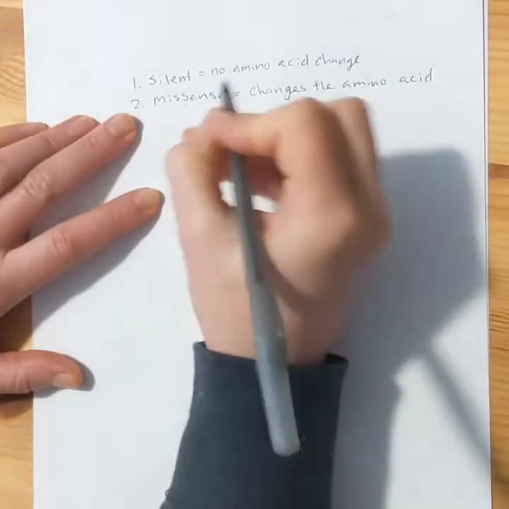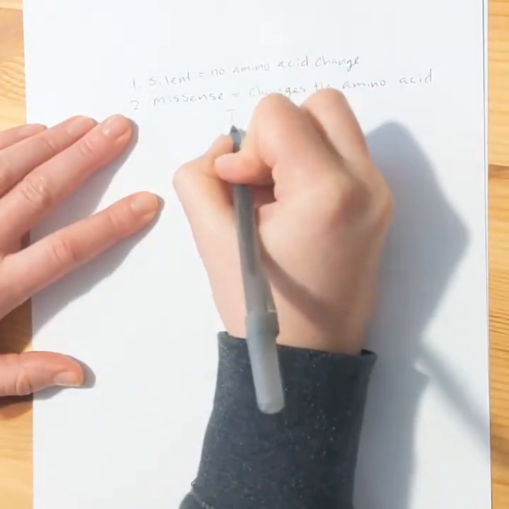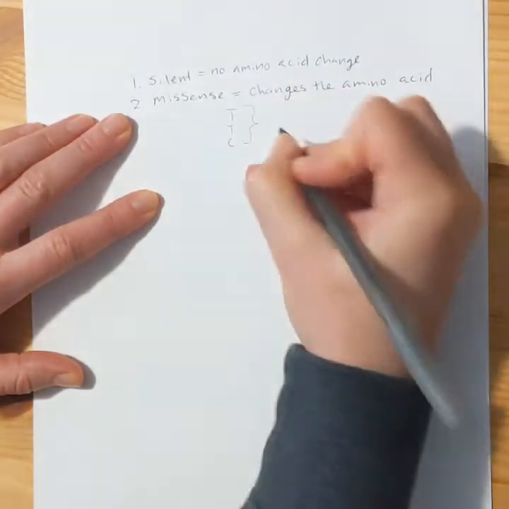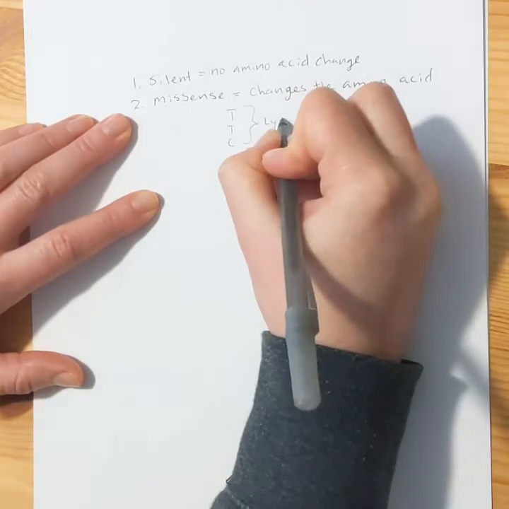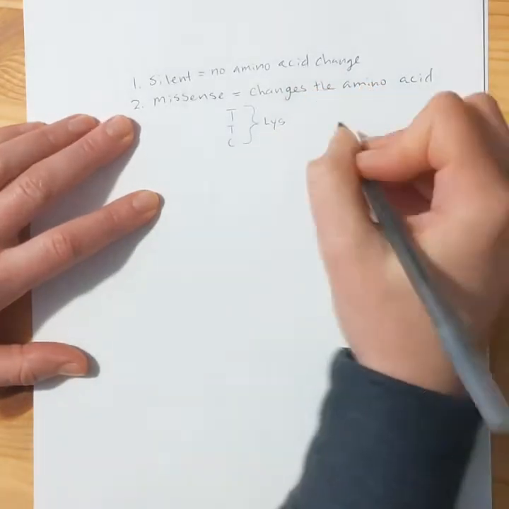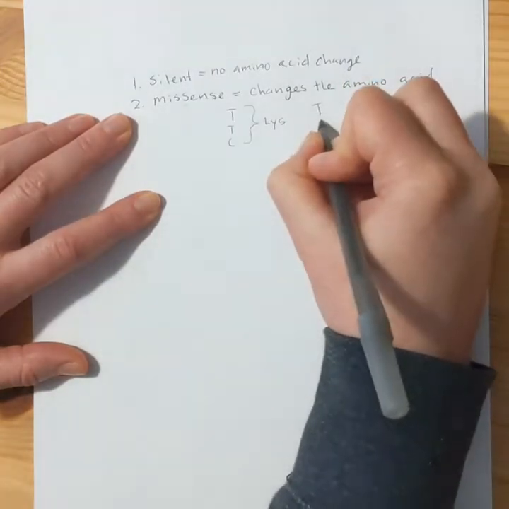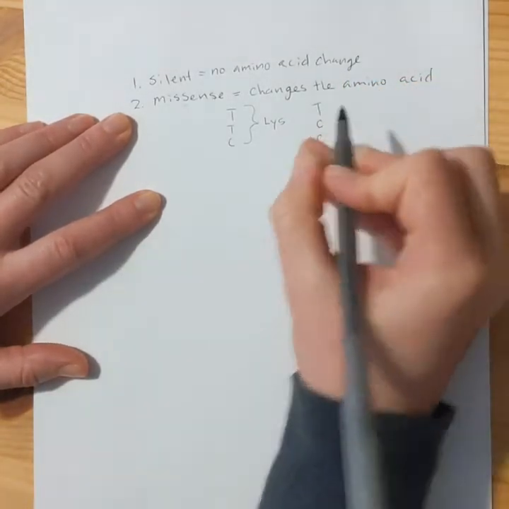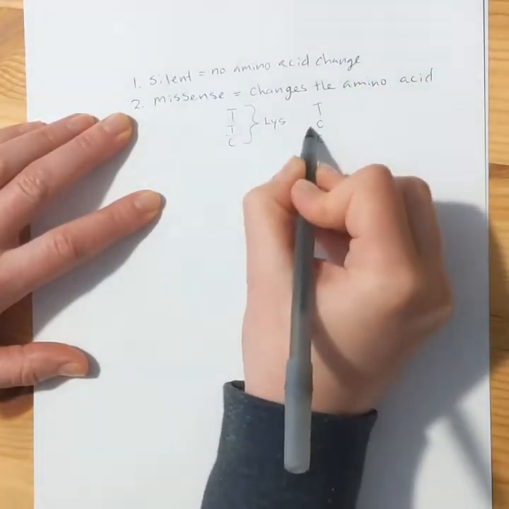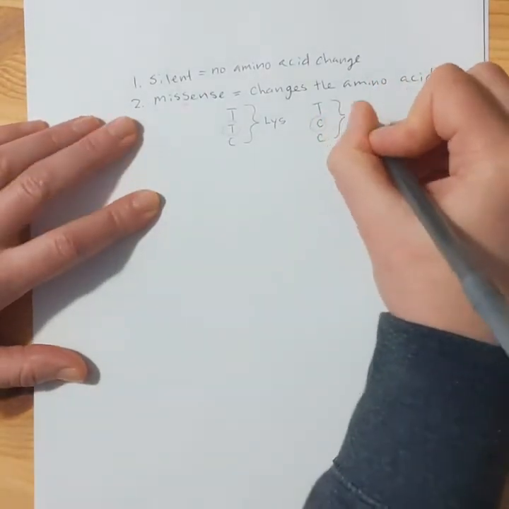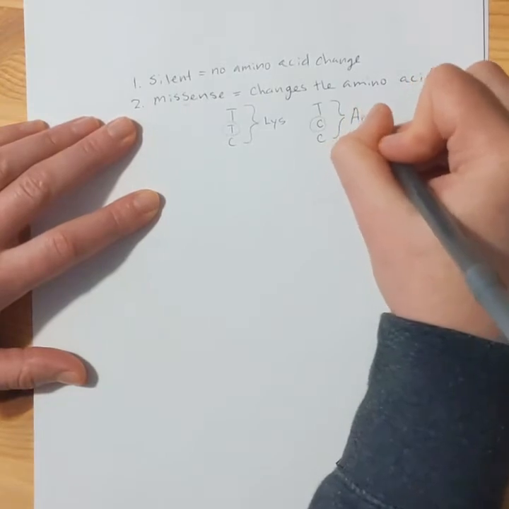What does this look like? So if I use my original example where I had the codon TTC and TTC coded for lysine, let's say I change the second T this time into a C. So here's my mutation. That no longer codes for lysine. Instead, this codes for arginine.